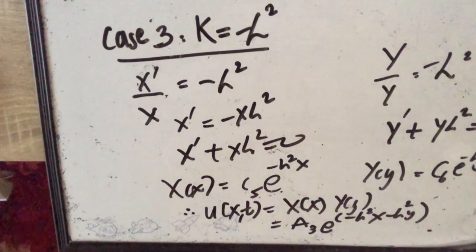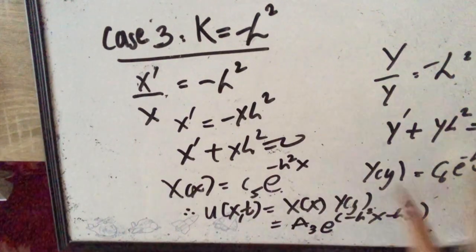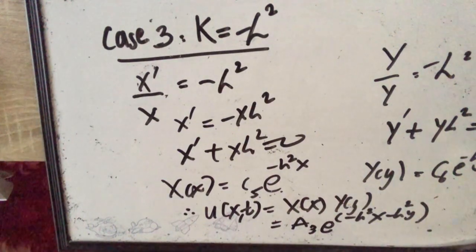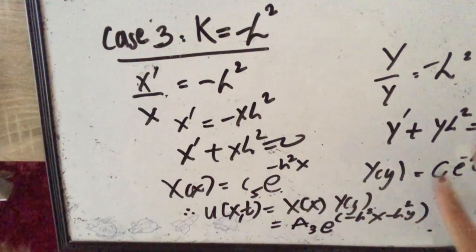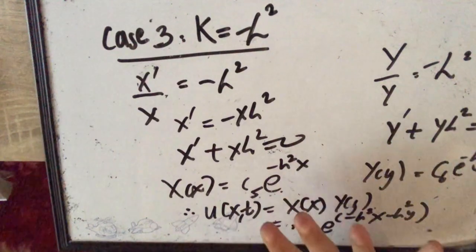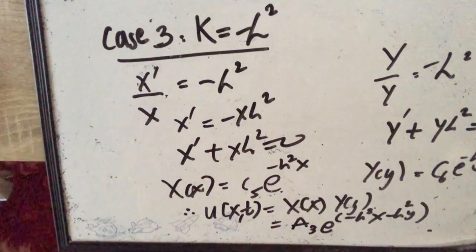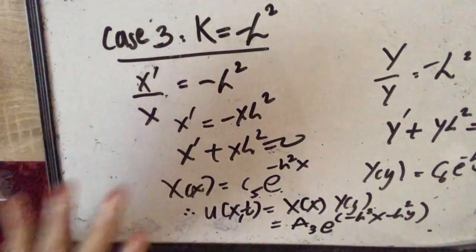For the next question also, this is how you answer. So now after finishing step 2, solving the separated equation for case 1, case 2 and case 3, we proceed to step number 3, which is the Fourier series solution.